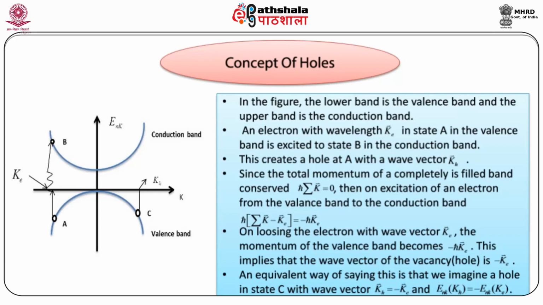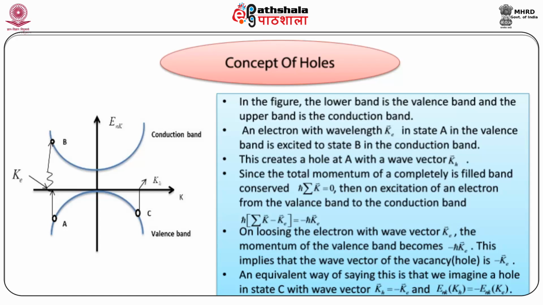Since the total momentum in a completely filled band is conserved, that is ħ times the summation over k equal to 0, then on excitation of an electron from the valence band to the conduction band, ħ times the summation over k is equal to minus ħk_e. On losing the electron with wave vector k_e, the momentum of the valence band becomes minus ħk_e. This implies that the wave vector of the vacancy, which is called a hole, is now minus k_e.